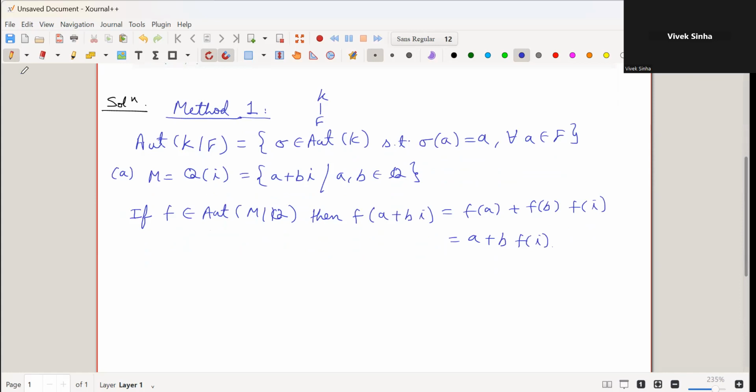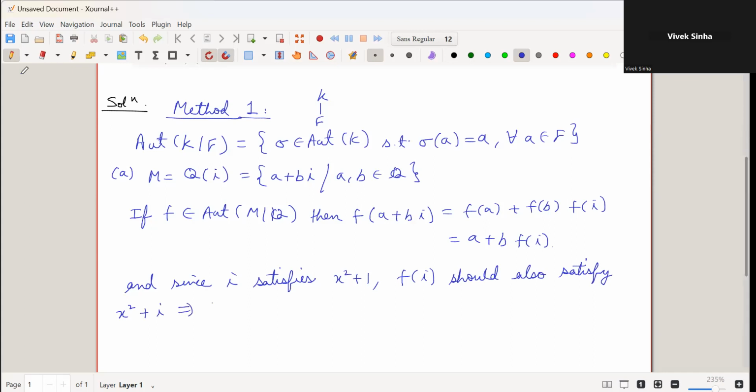And since iota satisfies x square plus 1, f of iota should also satisfy x square plus 1.